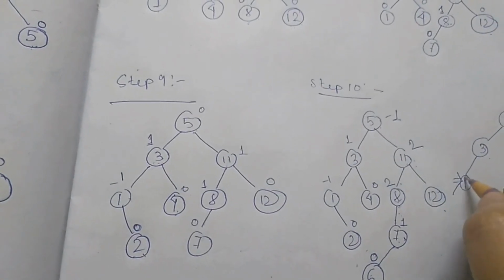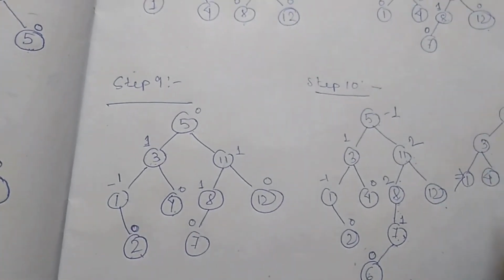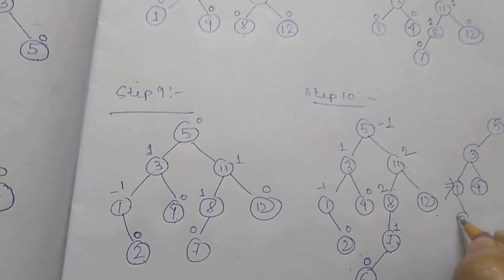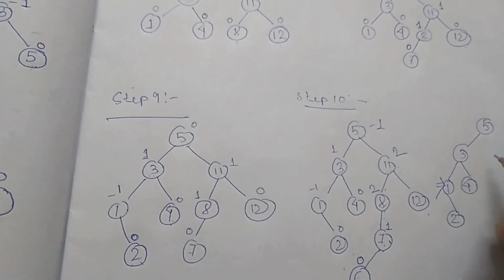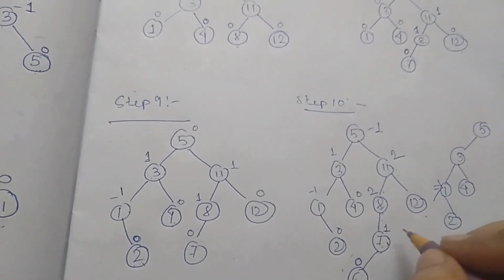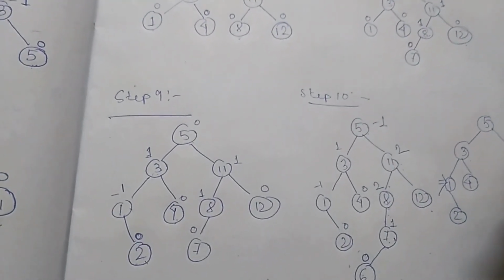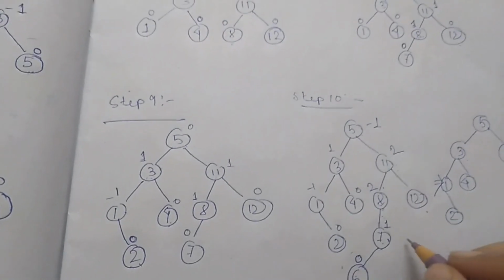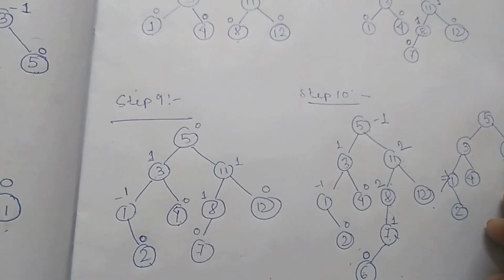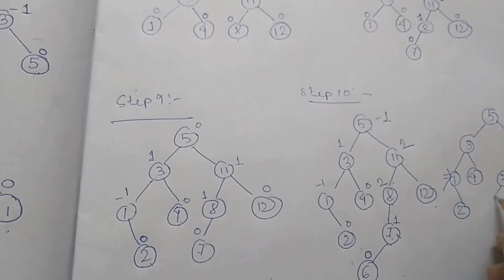The left subtree remains the same because no value has changed. Now here we see that the next value is 11. Now we consider the middle value as the root node, so 7 is the next root node value and 6 is lesser than 7.